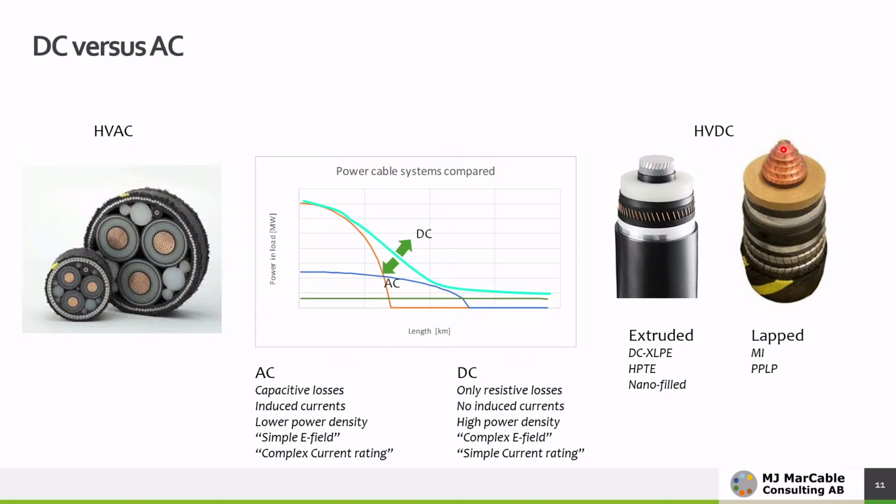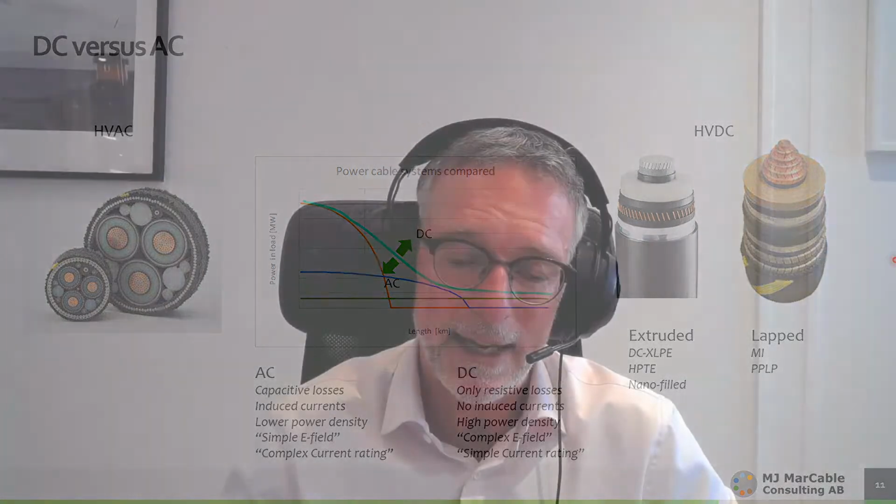Of course, there always is some limitation, but much less than for AC cables. You have no induced currents that generate heat. On the contrary, here we have a very complex electrical field calculation that we have dealt with in the industry, and we have a simple current rating method.